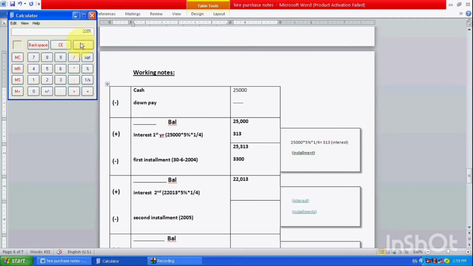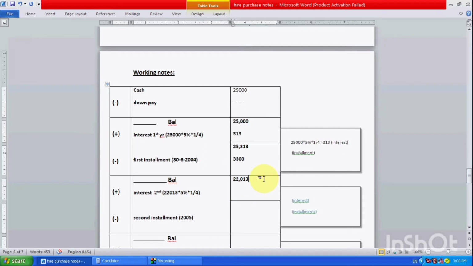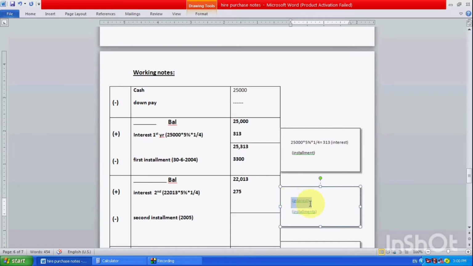Let's see on calculator. 22,013 into 5% gives 1,100, into 1 divided by 4. 275 is the second quarter interest. Add these 275 to 22,013.